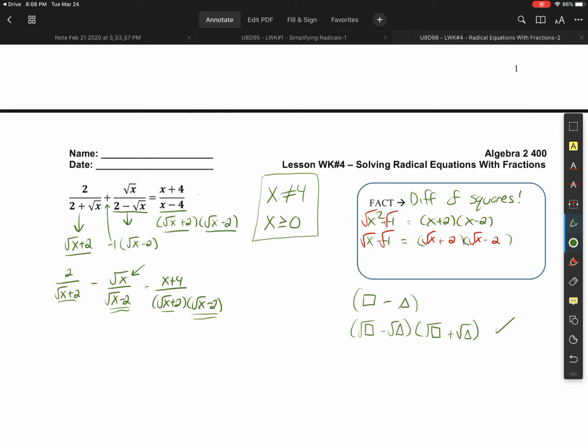Time to solve it. So I give the 2, rad x minus 2 over my common denominator, minus rad x times rad x plus 2 over my common denominator, equals x plus 4 over our common denominator.